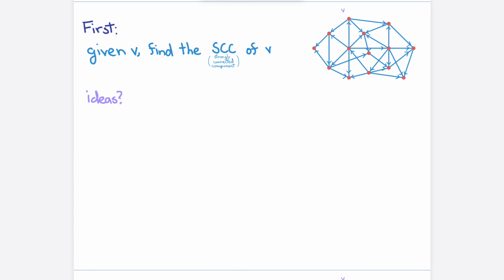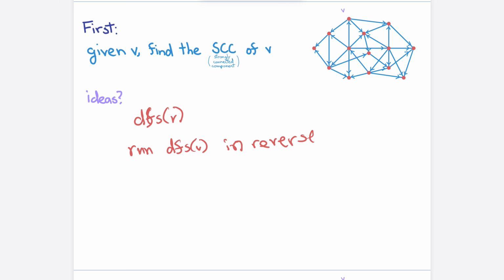Run DFS from V. Okay. DFS on the graph with all the edges reversed, starting at V. Okay. Well, you cut to the point really fast. So usually, other suggestions come up first. That is indeed what we'll do.